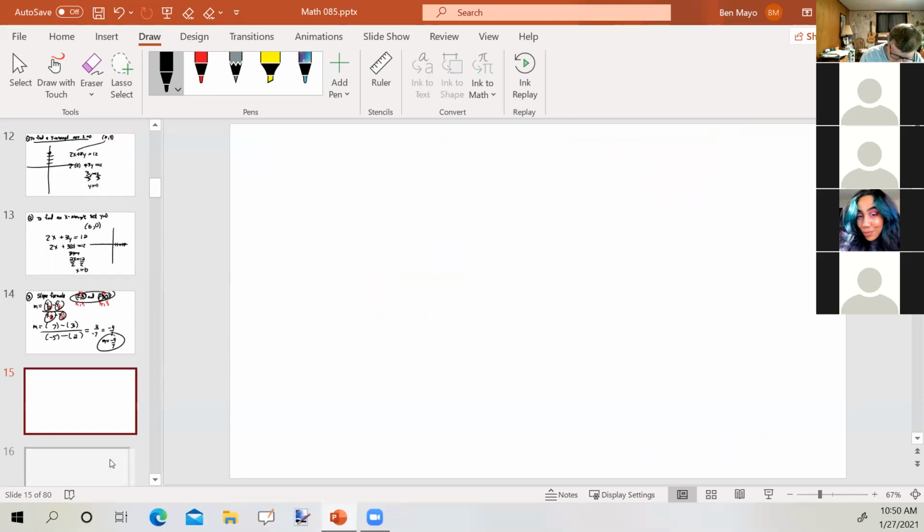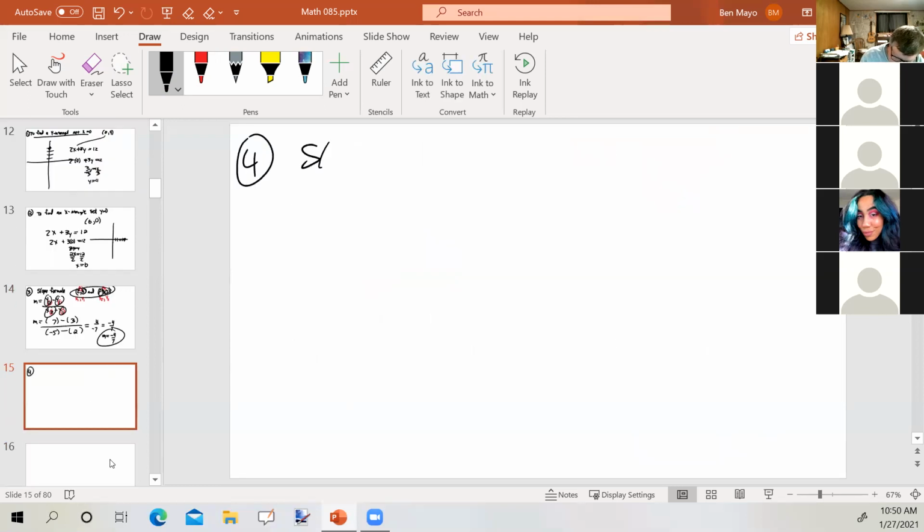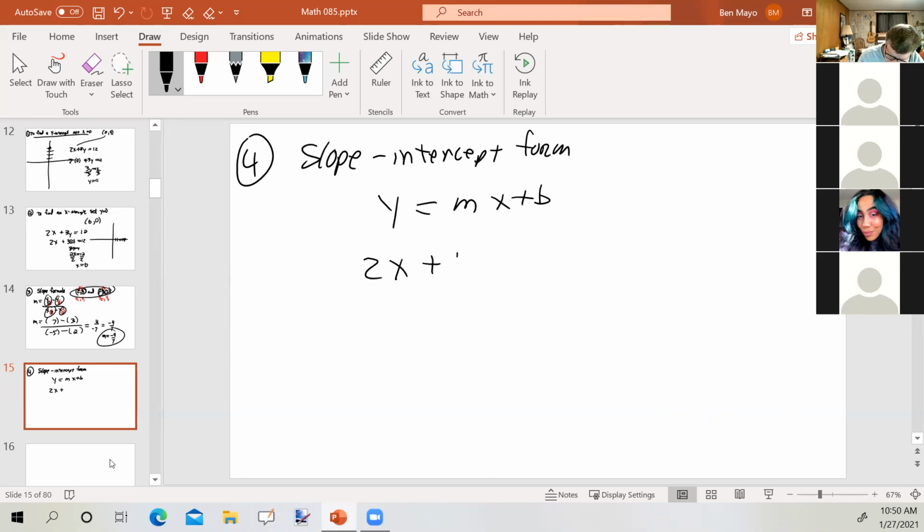Okay. Number 4, slope-intercept form. y equals mx plus b. That's what I was using graphing the last couple of problems a little bit ago. So if you have an equation, let's take 2x plus 4y equals 8.